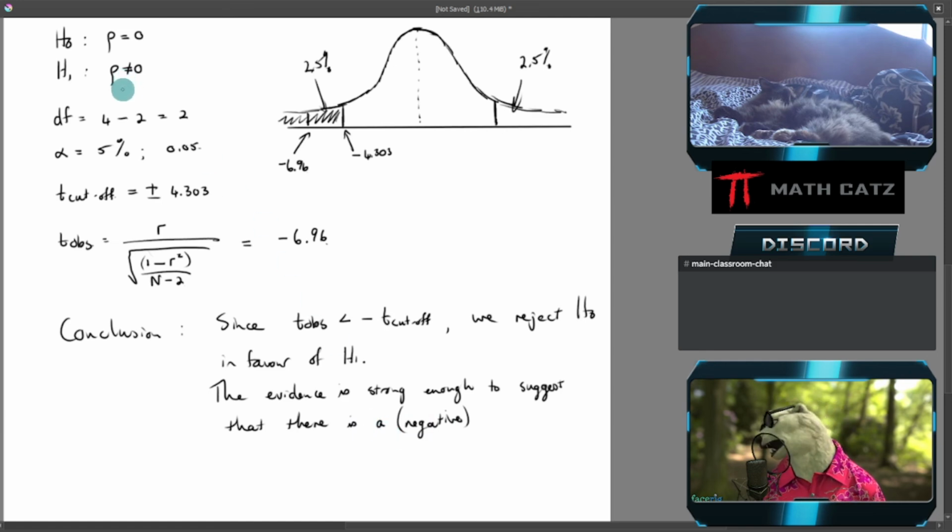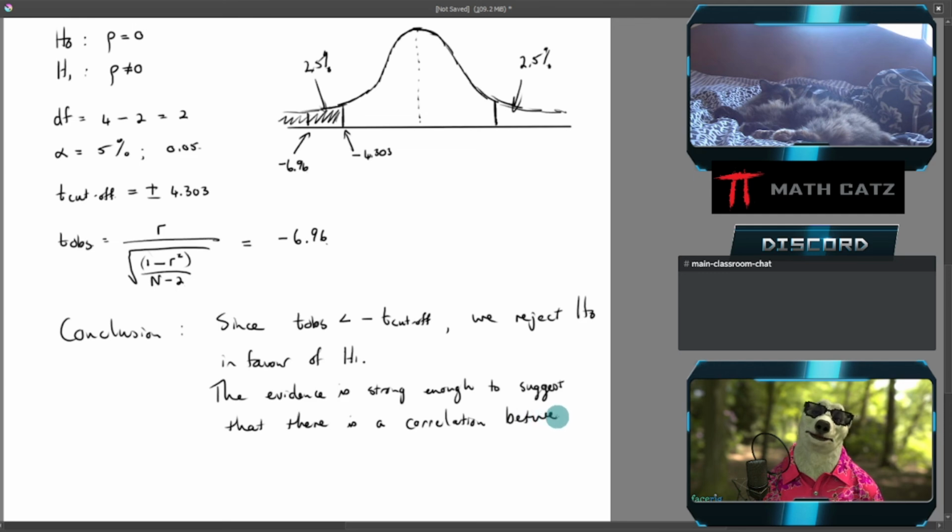We set it up as a two-tailed test, so we can't really say which direction. If we then suspect it's going to be negative, we can make that a less than and do a one-tailed test. So you have to be aware that your conclusion fits with the hypothesis test. So let me be precise and just say a correlation. But we suspect negative, and then we can test further, right?